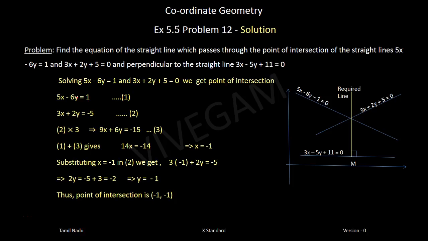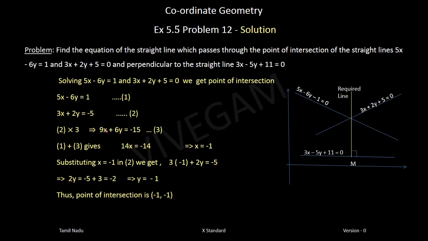Then you will be able to cancel off the y from these two equations and get everything in terms of x. So this equation will become 9x plus 6y equal to minus 15. Add equation 1 and equation 3.